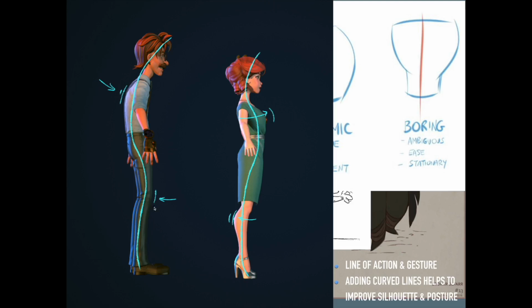The character might have his chest or his hips thrust forward, or on the contrary, he might be slouching with his back a bit rounded. Either way, this will give him a lot more gesture and he won't look stiff and boring as if he had a stick inside of his spine.